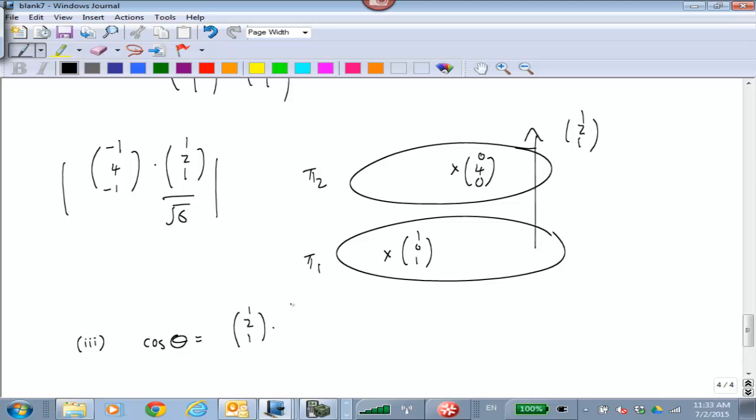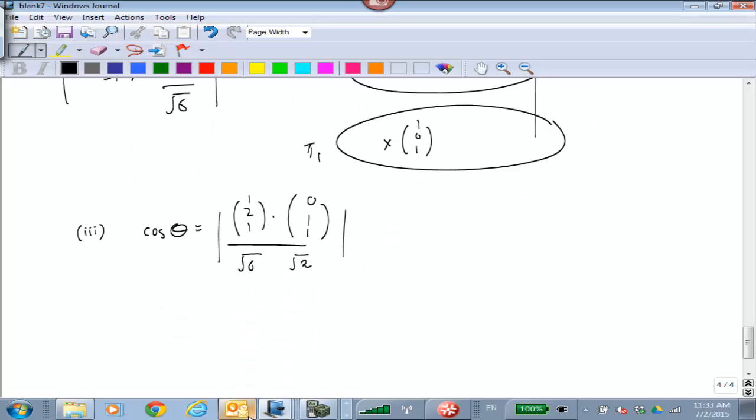Line L is parallel to vector j plus k, which means the direction vector of the line is 0, 1, 1. So divide by square root 6, divide by square root 2 modulus, which means cosine theta equals 3 over square root 12.